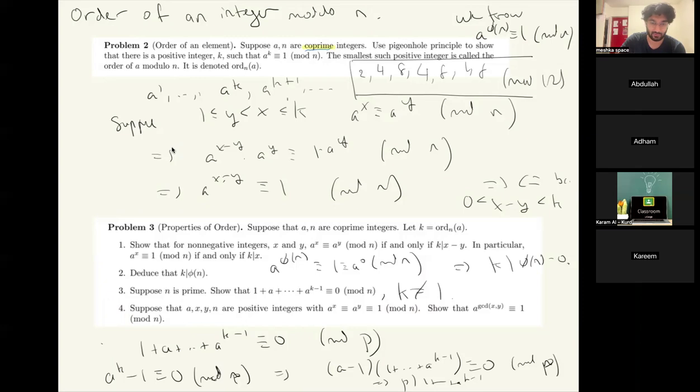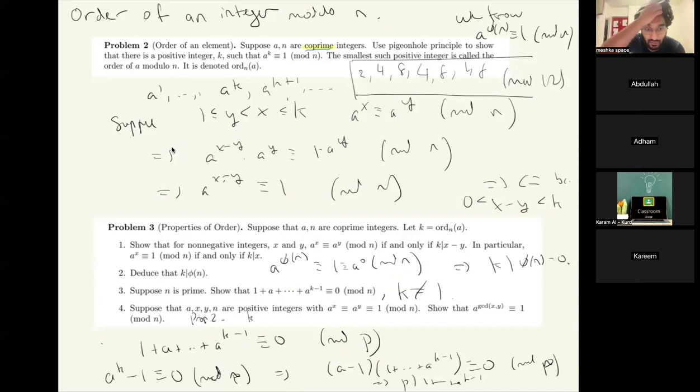I think it just follows from property 2, right? It tells you that k divides x and k divides y, so k divides the GCD. I won't write it, but it makes sense. It's a direct consequence of property 2.